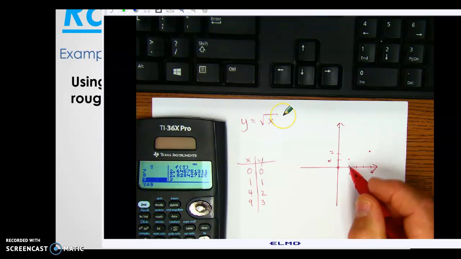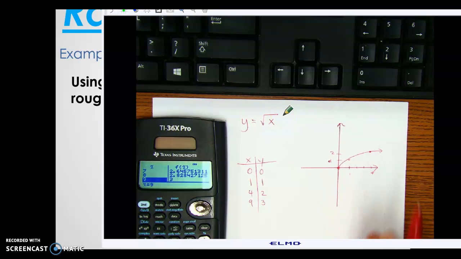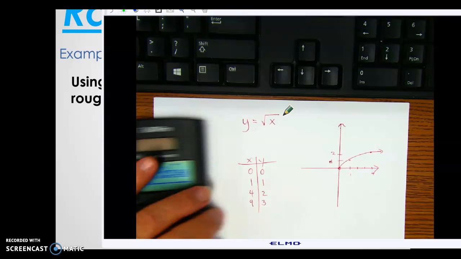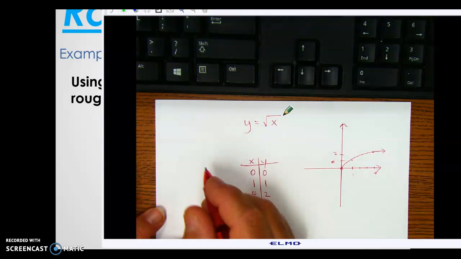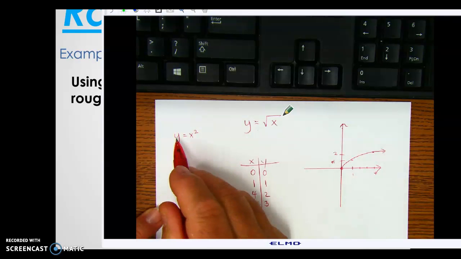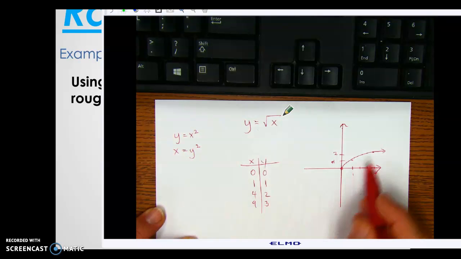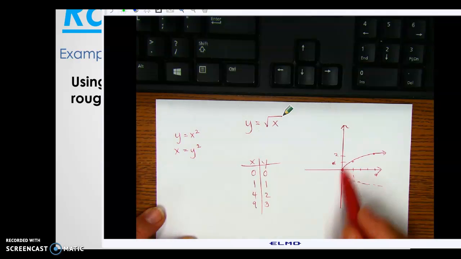And guys, that parabola that we just graphed, this is half of it turned sideways. The reason that happens is, I'm just going to come over here and show you, y equals x squared is that parabola we graphed in the warm-up. X equals y squared is the inverse function of that, which looks like this. Okay, it's this U-shaped.